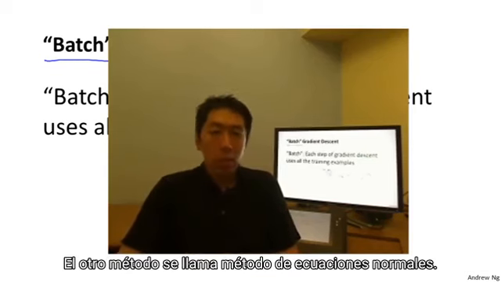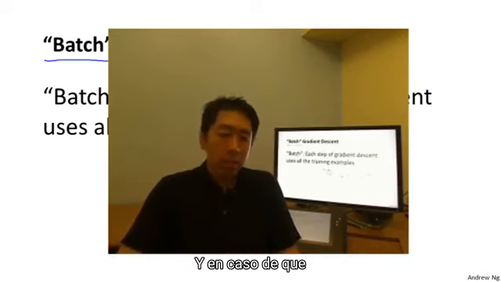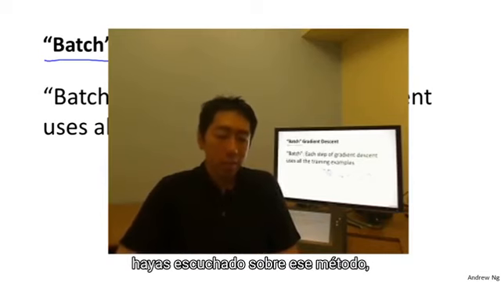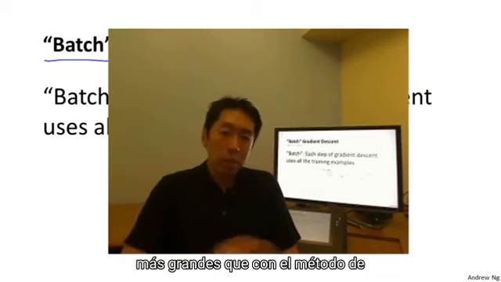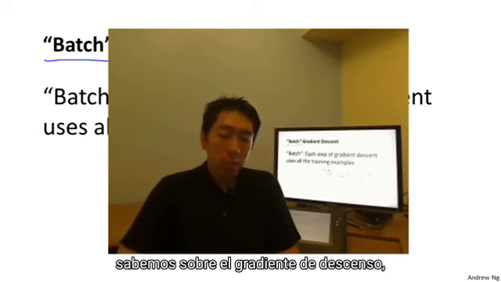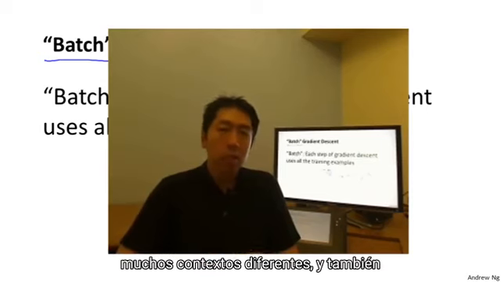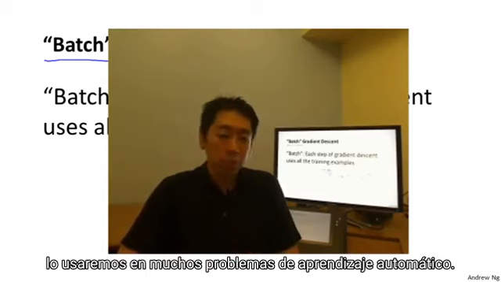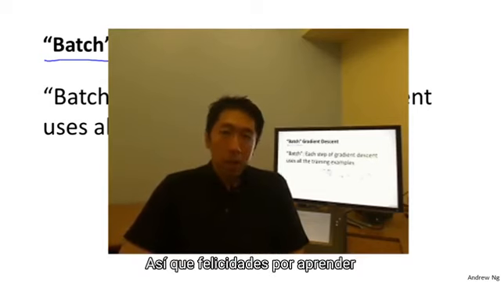That other method is called the normal equations method. But in case you've heard of that method, gradient descent will scale better to larger data sets than the normal equation method. And now that we know about gradient descent, we'll be able to use it in lots of different contexts, and we'll use it in lots of different machine learning problems as well.